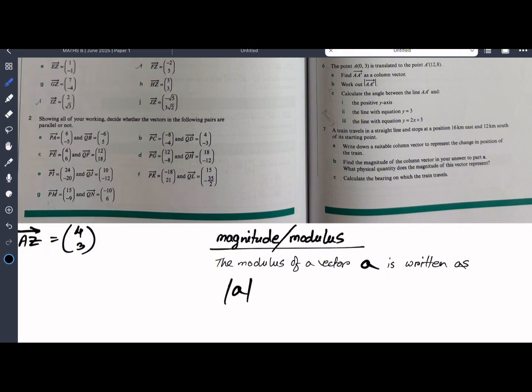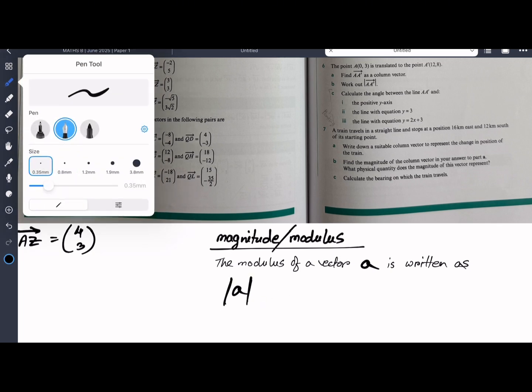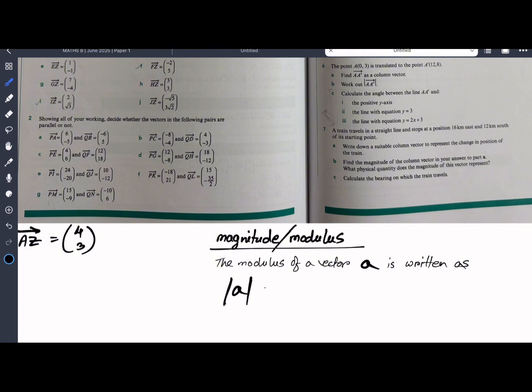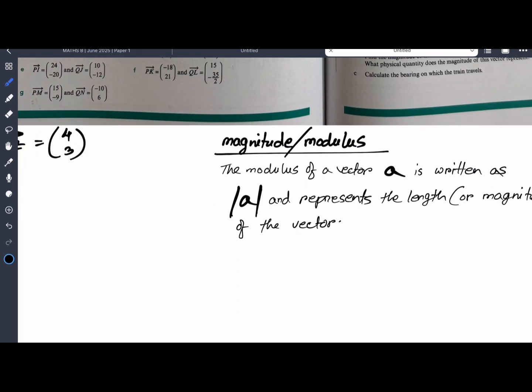So this is basically the magnitude sign, and it represents the length or magnitude of the vector.